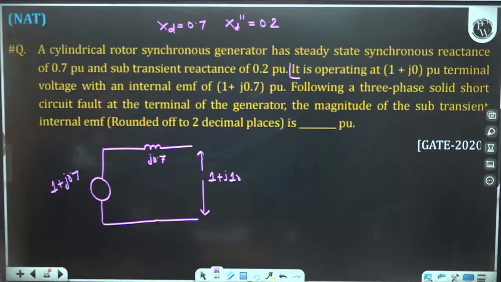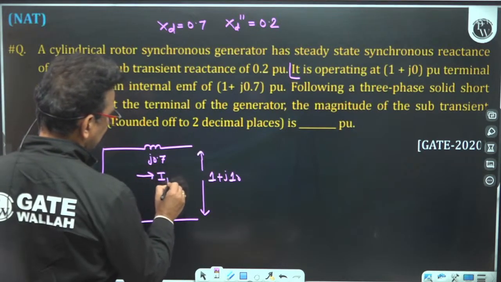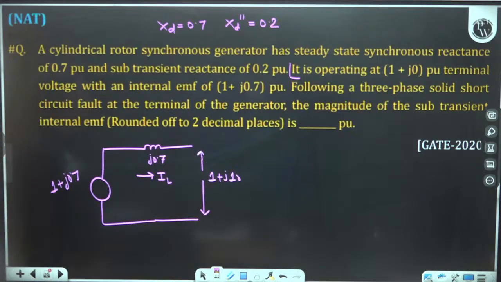Now, what would be the value of current? The load current, no doubt some load would be connected here. The load current flowing is nothing but the pre-fault current. So how to find the load current?